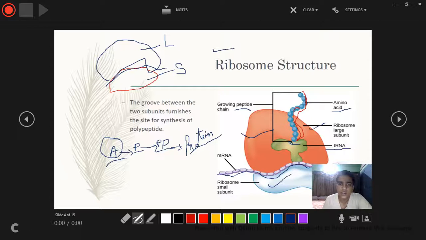Any two surfaces, if they are meeting at a point, there must be some uneven surface. That is only groove. So this groove, this space furnishes the site for the synthesis of polypeptide. This groove provides the proper facility for the synthesis of polypeptide to form proteins.